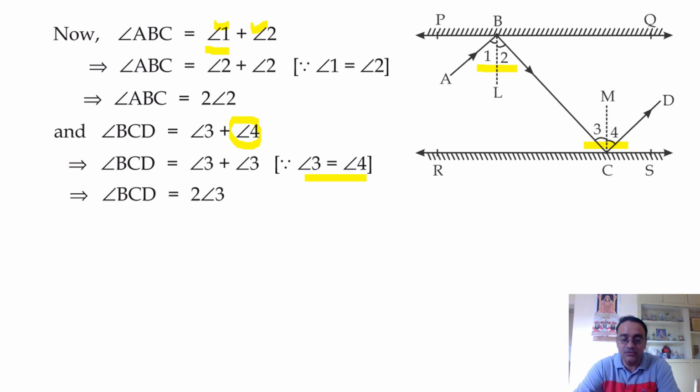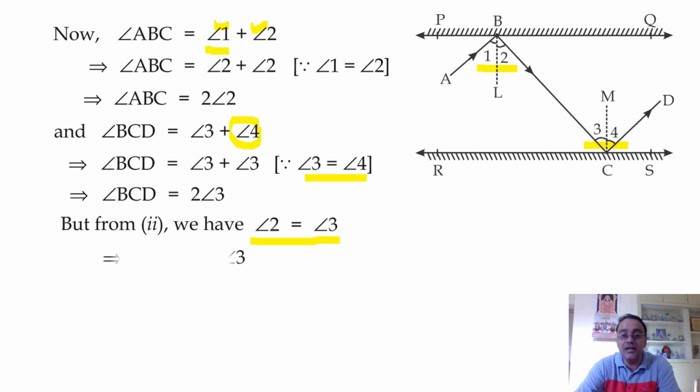Okay. Now just now we have shown that angle 2 and angle 3 are equal, they are alternate interior angles. So if angle 2 is equal to angle 3, then 2 times angle 2 is also equal to 2 times angle 3.